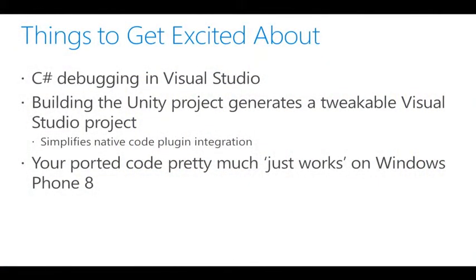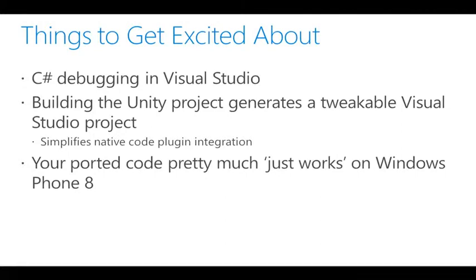Next one, and this is for the folks who've been developing on iOS, this is especially cool because we're actually exporting a Visual Studio project instead of just, say, copying your game data files with a pre-built executable. This gives you a lot more flexibility in how you integrate plugins and customize your project, just like with iOS.